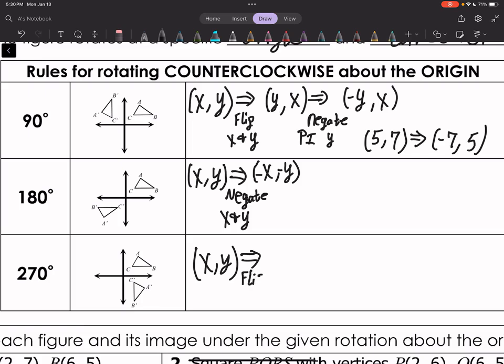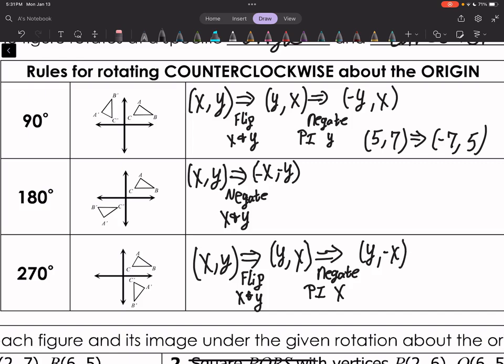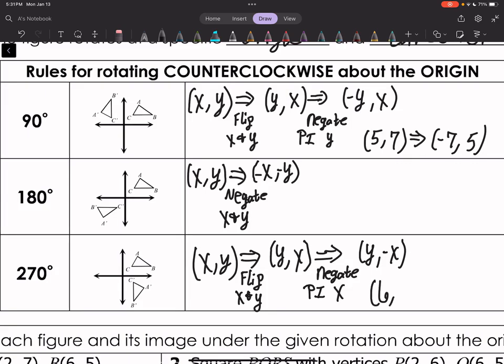So I'm going to write flip X and Y. So I'm going to get Y, X. And from here, we are going to negate X this time, and again, it's pre-image X. So as an example, if I use 6 and 2, rotating 270 degrees will give me 2, negative 6. And I'm finished.